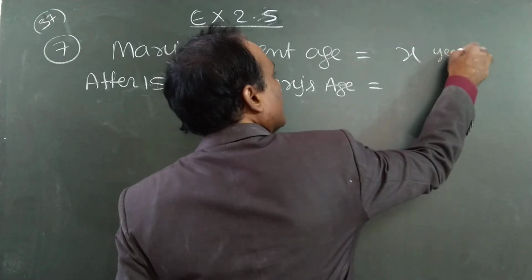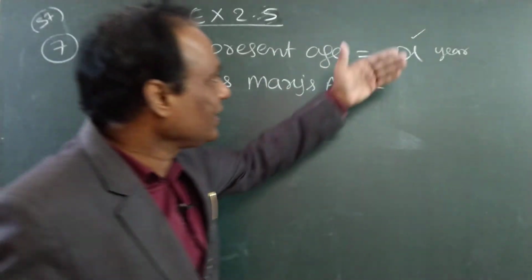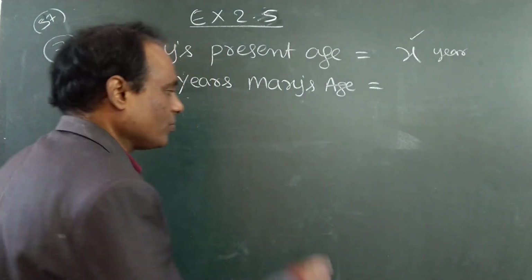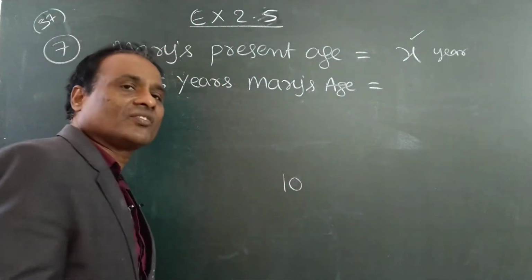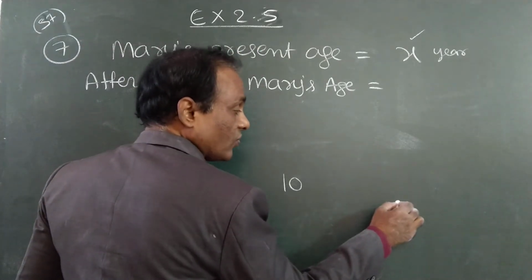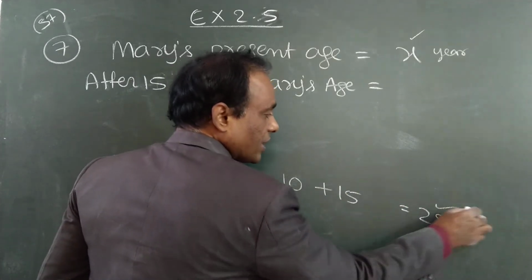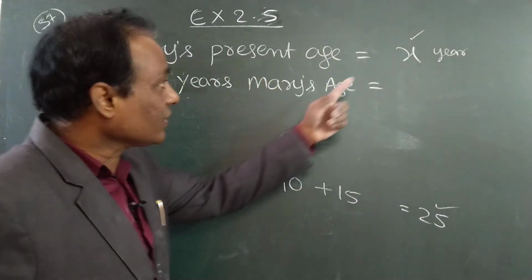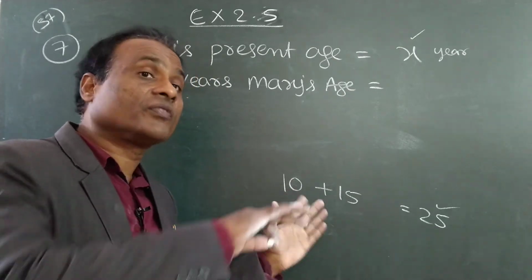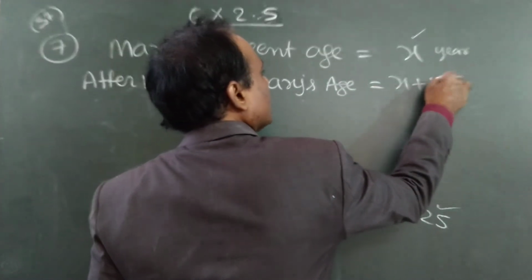Present age of Mary is x years. After 15 years, age will increase by 15. Suppose presently 10 years, then after 15 years what will be her age? 10 plus 15. After 15 years she will become 25. So present age x means after 15 years, 15 increase. x plus 15.